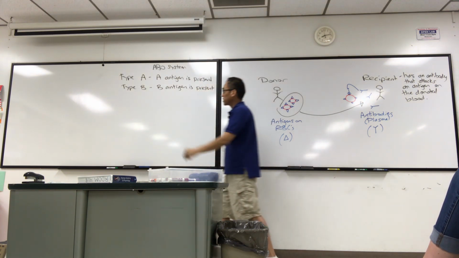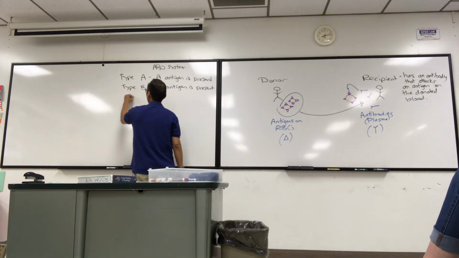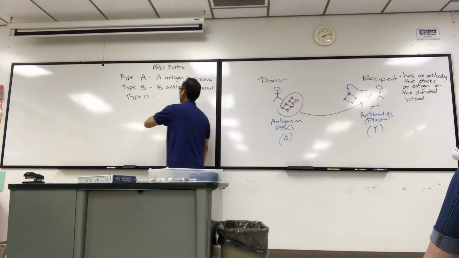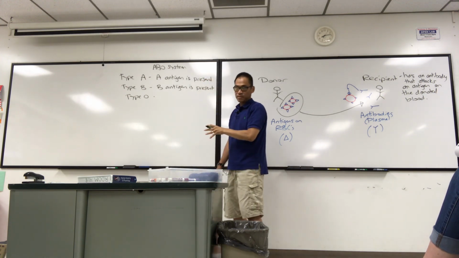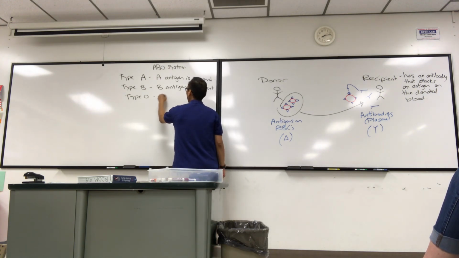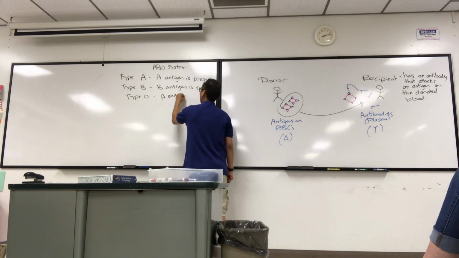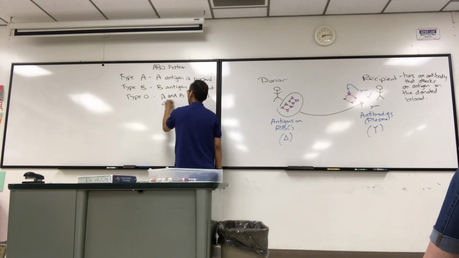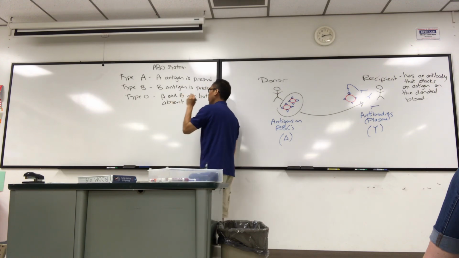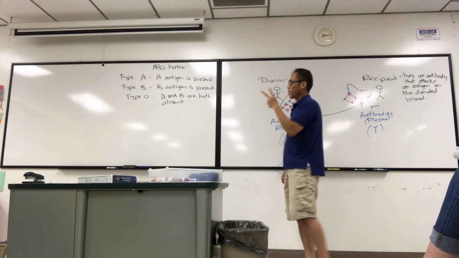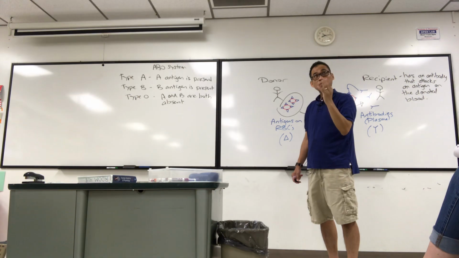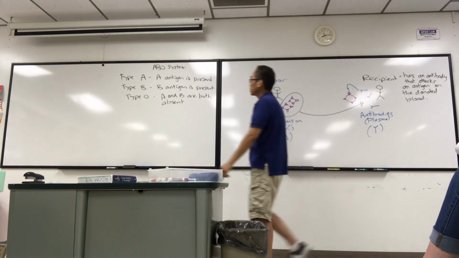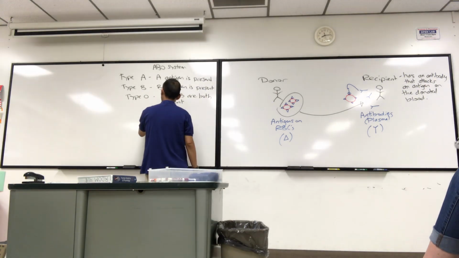Type O, as I said previously, that means A and B are both absent. However, that's two antigens, right? The A and the B. There's a third antigen. It's called type D or RH. RH antigen system.